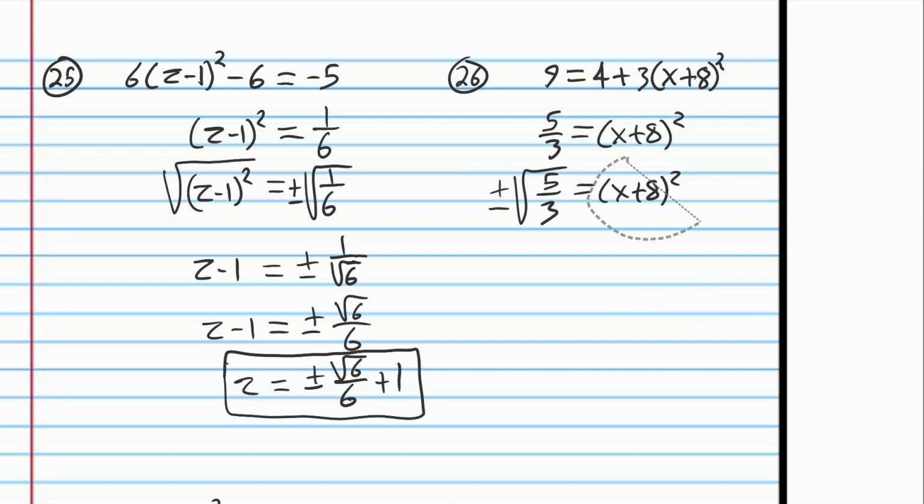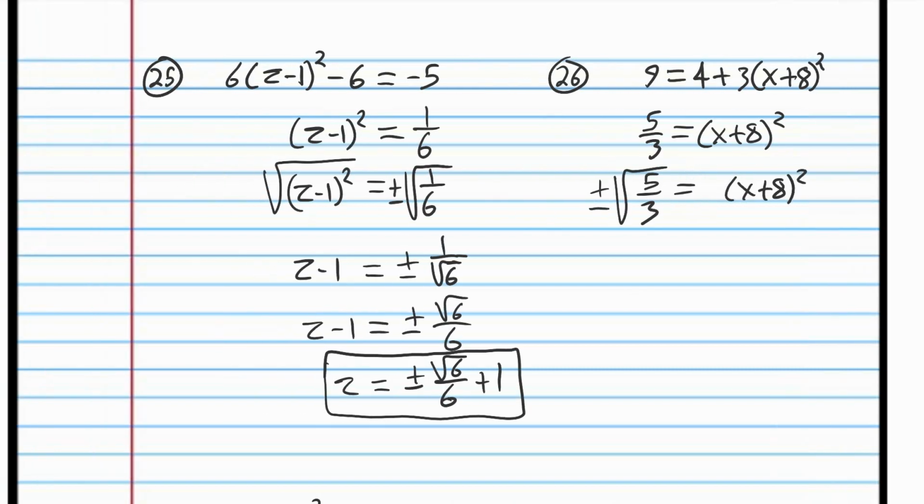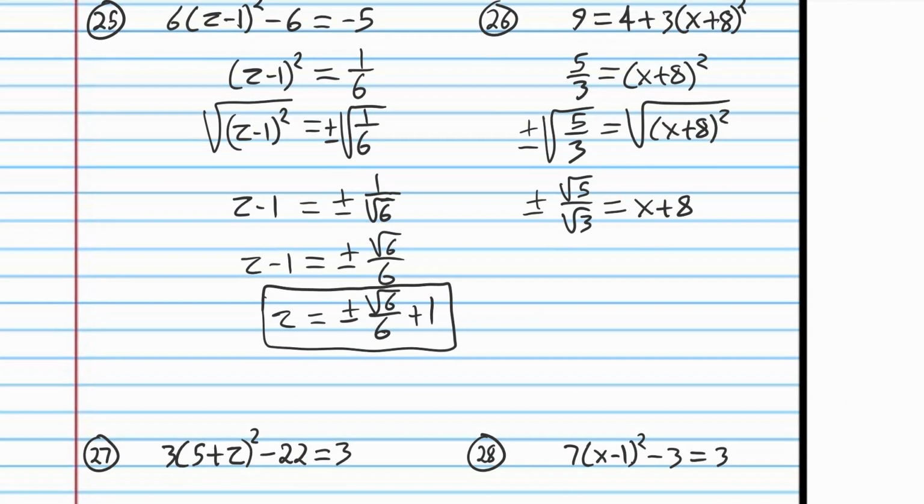And I keep writing that square too close to the fraction, as you can see. Get rid of the square. X plus 8 is equal to plus or minus. I'm going to show some steps here just in case you are becoming angry at me for not showing how to rationalize that denominator. Multiply both sides by root 3 and you get root 15 over 3.